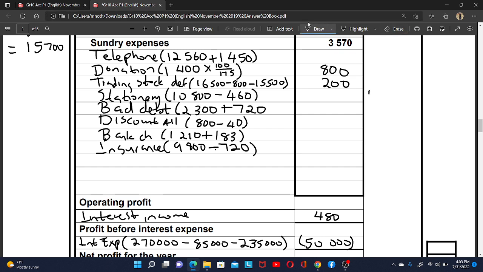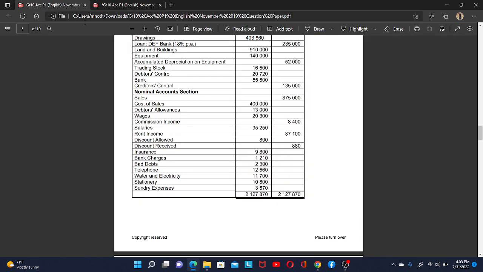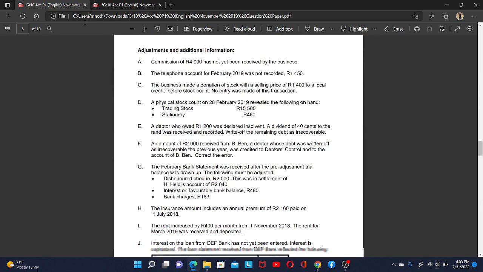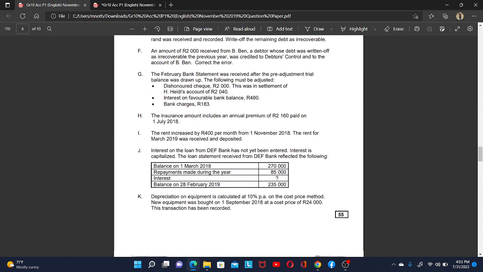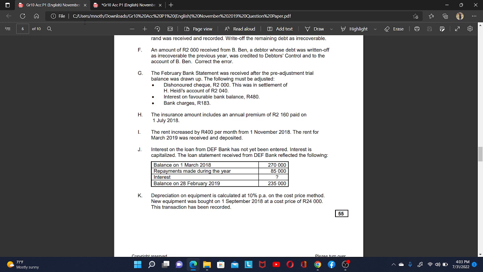So the equipment is 140,000. 10% per annum. Okay. And then they are saying new equipment was bought on September 2018 at a cost price of 24,000.